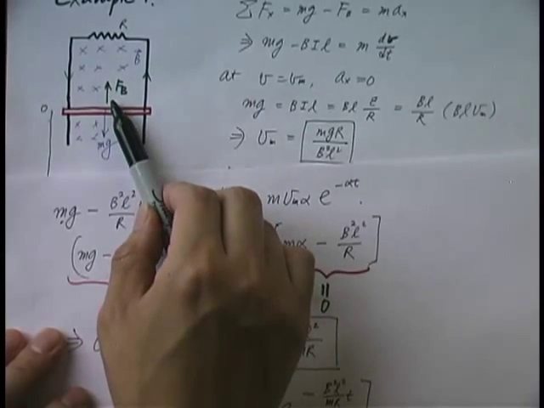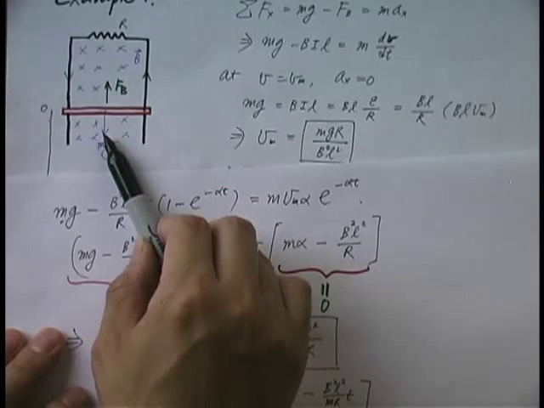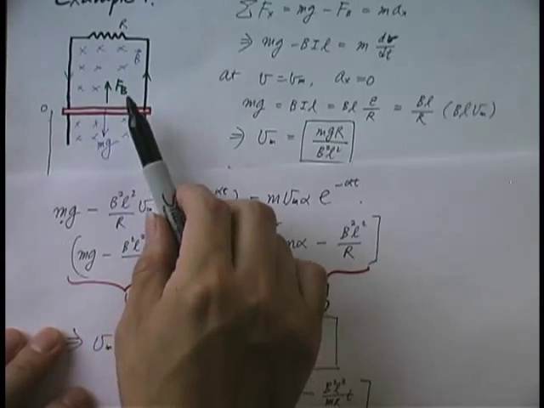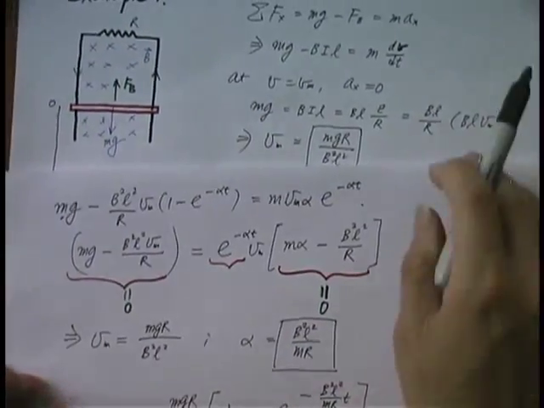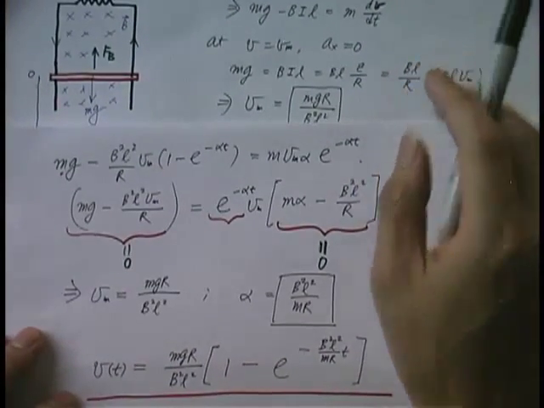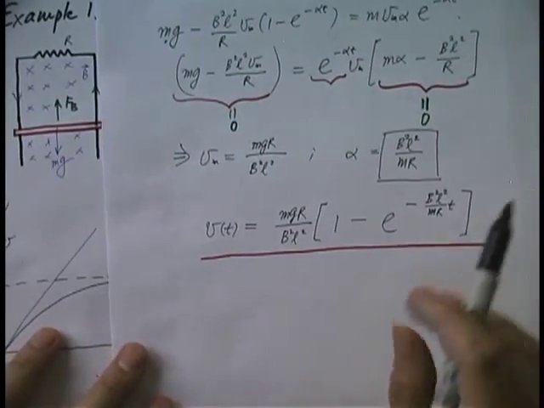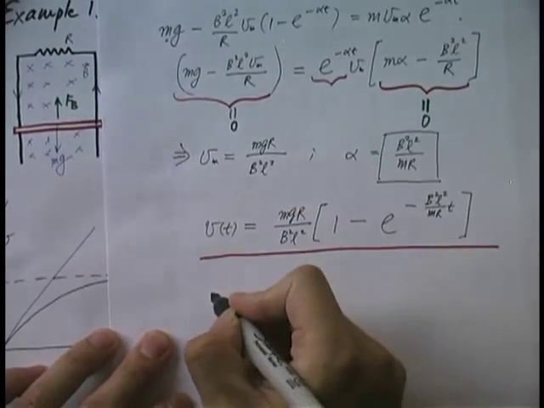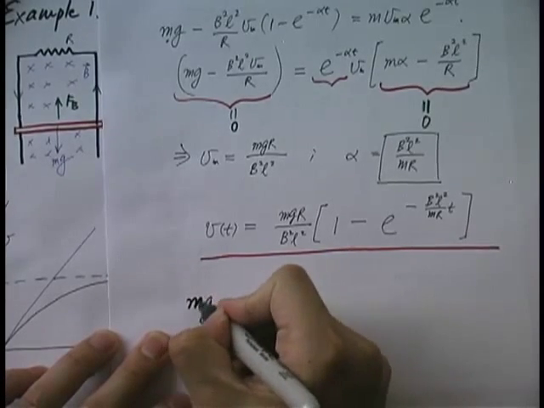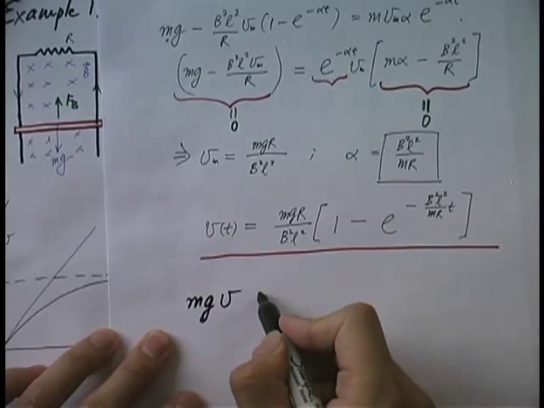Now, what happens when there's a magnetic force present? The magnetic force would then reduce the kinetic energy of the bar, but where does that extra kinetic energy go? It will become the thermal energy that's dissipated on the resistor. So what does the conservation of energy tell us? It says that to balance the energy in this process, the power delivered by the gravitational force, that will be the force of gravity mg times the speed v, should go two ways.